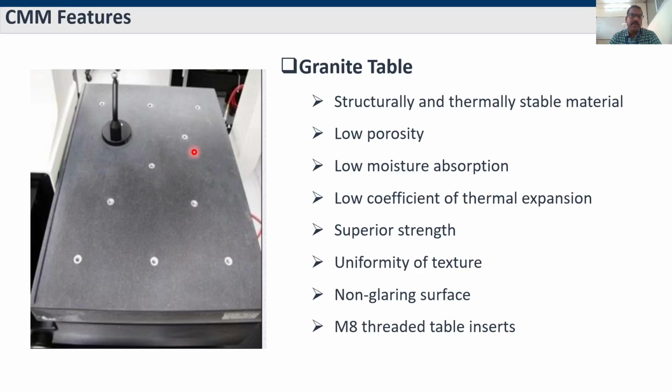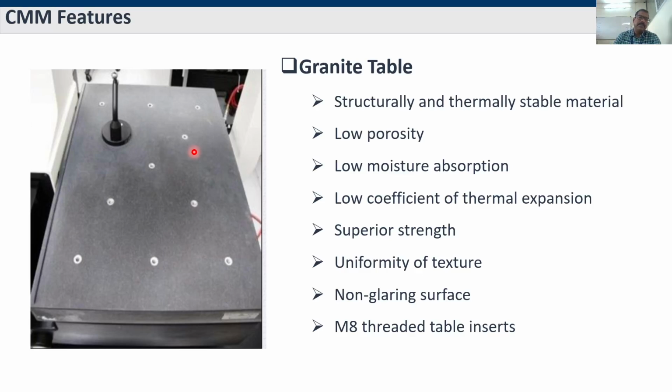It should not absorb lots of moisture because it comes under a controlled environment. If moisture is absorbed, it may try to expand, so that should be avoided. And it needs a low coefficient of thermal expansion. It should not react to temperature changes, and it should not change its size with respect to time.